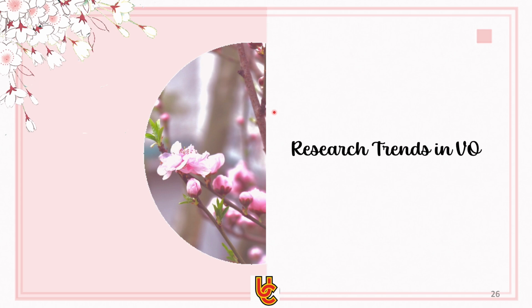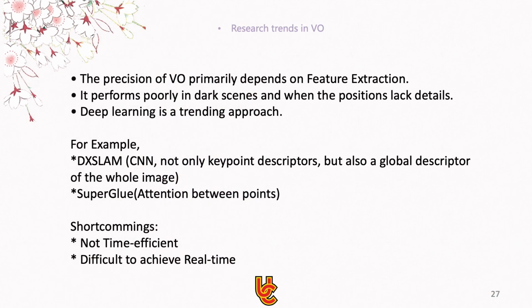Next part is some research trends in VO. Actually, we know that the precision of VO primarily depends on the feature extraction, and it performs poorly, especially in dark scenes and with few position details. And deep learning is a trending approach.